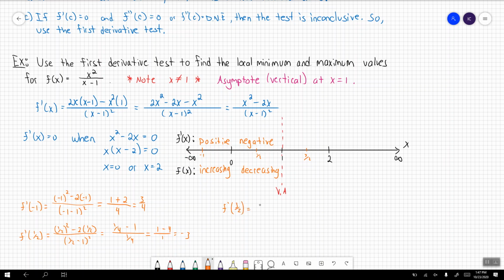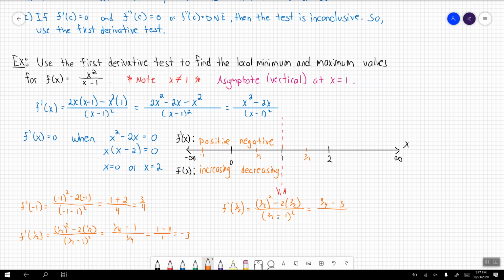All right, making that substitution here, so that's going to get us 3/2 to the power of 2 minus 2 times 3/2, all divided by 3/2 minus 1 squared.